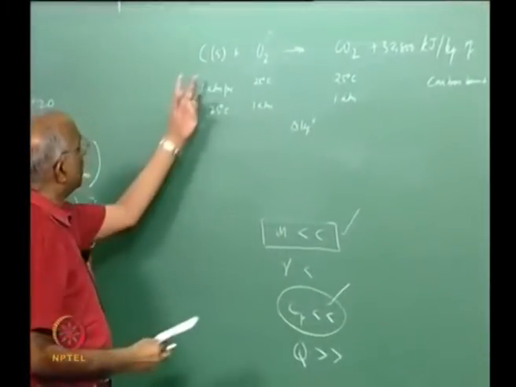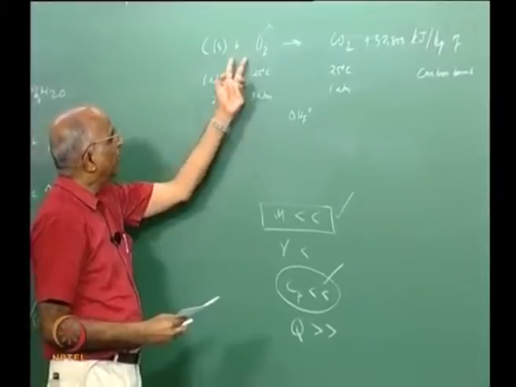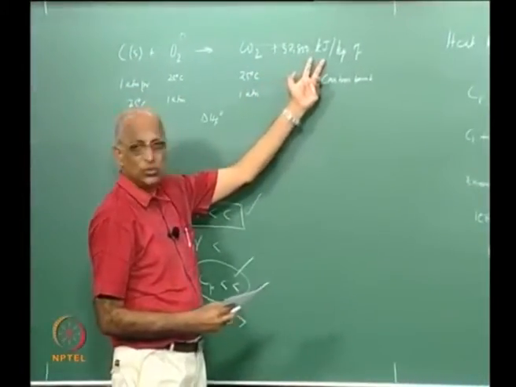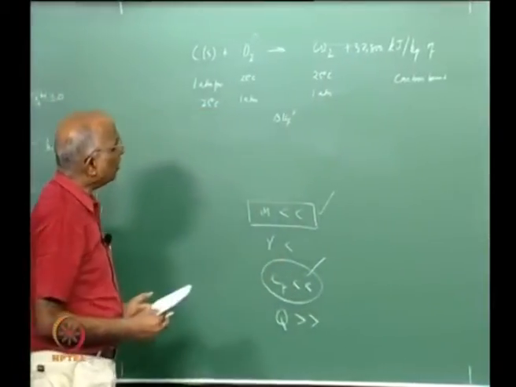That means when I burn carbon with oxygen, per kilogram of carbon which I burn, I get something like 32,800 kilojoules of energy. Now what is going to happen?